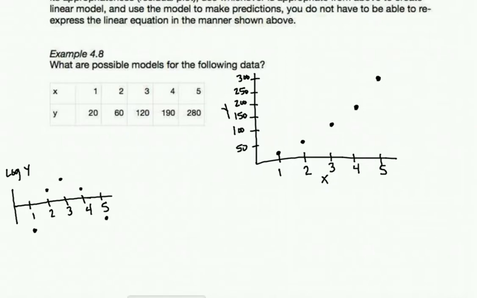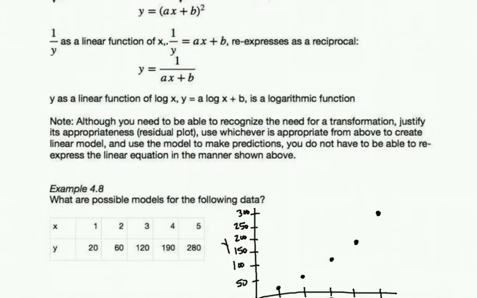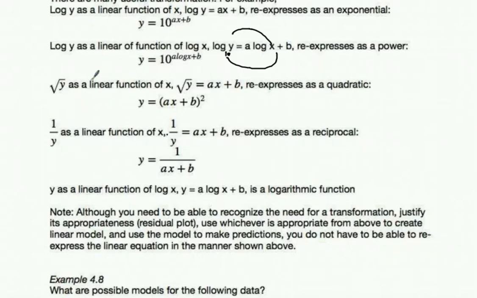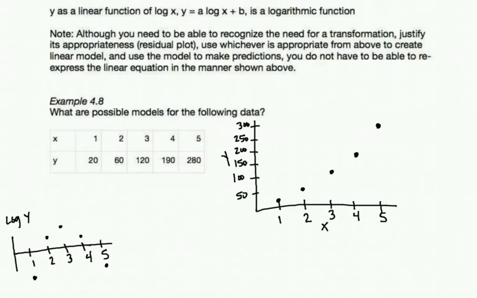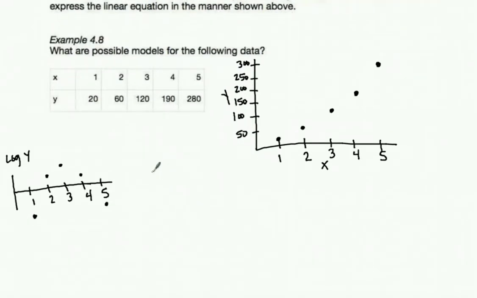Okay, so if we log both of them, logging x and logging y is what we call a power regression. And if you look back on the piece that we just talked about here at the top, it says that if we log y and we log x, it re-expresses as a power. The good thing about that is your calculator will do everything for you.